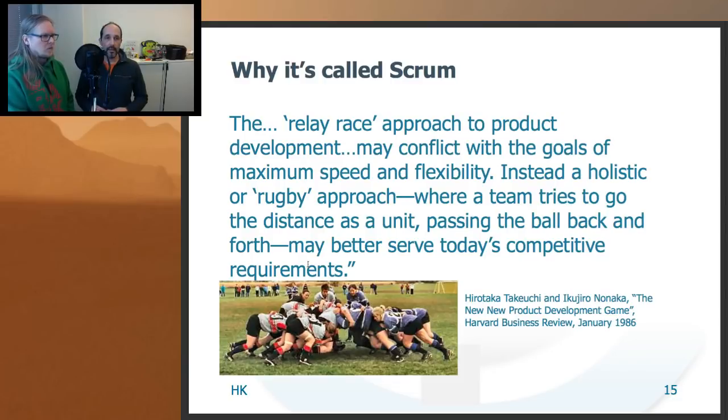They said that the relay race approach conflicts with the goals of maximum speed and flexibility. It's a little different from what we try to achieve in Scrum, but it's as opposed to what product development normally tried to do, which was to cut costs and deliver something predictable early, on time.